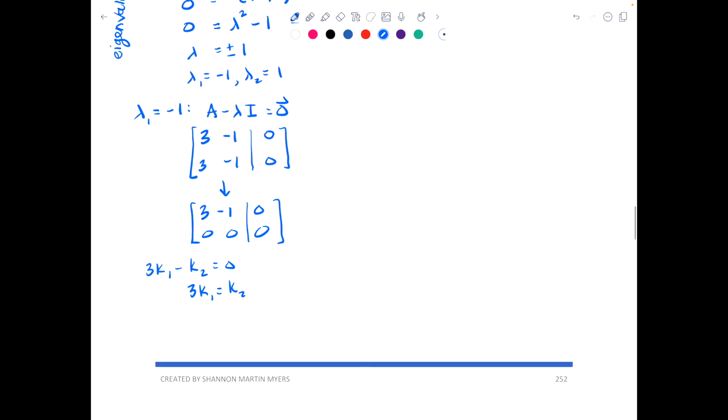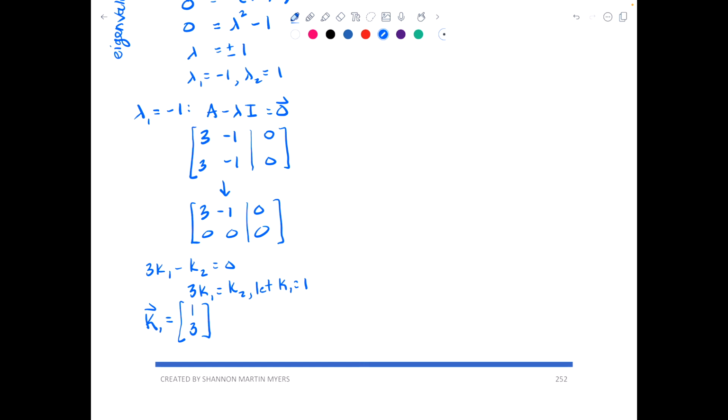If we call our first eigenvector capital K1, and we let small k1 equal 1, then k2 is going to be what? Beautiful, 3. So that is what an eigenvector could be.